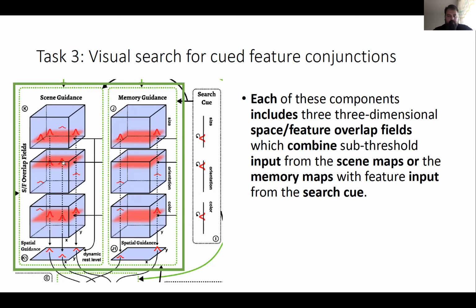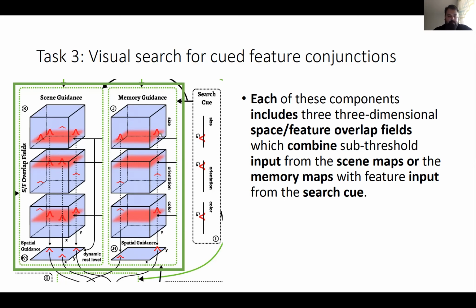Each of these includes three-dimensional space feature overlap fields that receive subthreshold input from the scene feature maps in this case, or from the memory maps in this case, and also slice input from the feature queues.